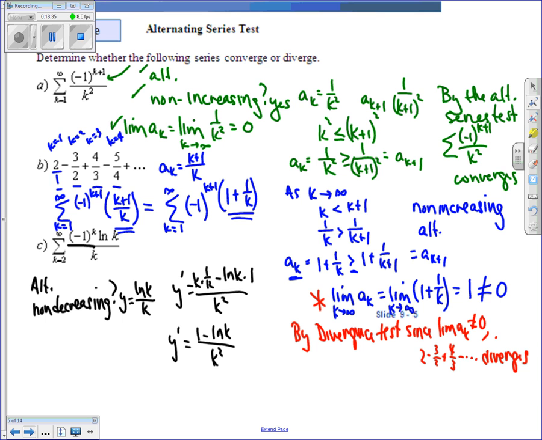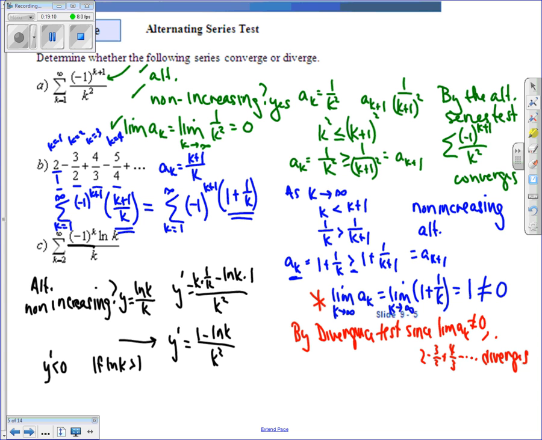To be non-increasing, it's got to be getting smaller, which means it's got to be decreasing. This function, and notice if natural log of k is bigger than 1, will be negative. So y prime will be negative. If the derivative is negative, that means the function is decreasing.